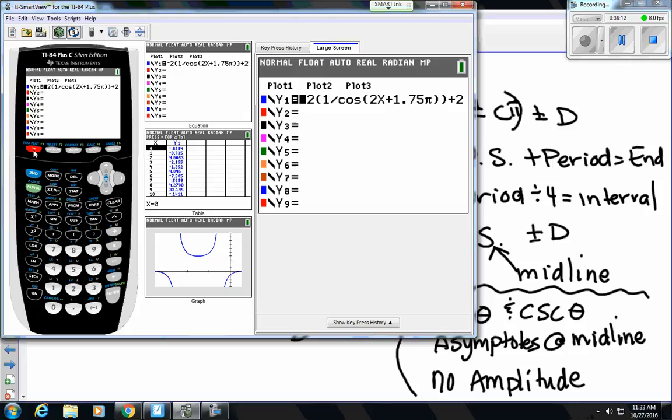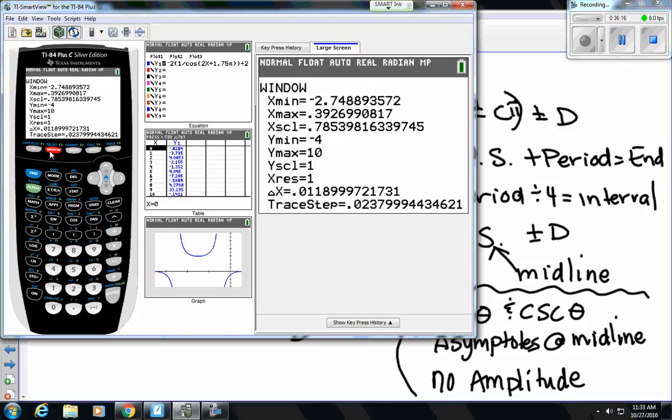Got the equation in yet? Good. All right, window. Can you tell me how I got that x minimum value? What is our x minimum? Whenever we do these graphs, our x minimum is the phase shift.